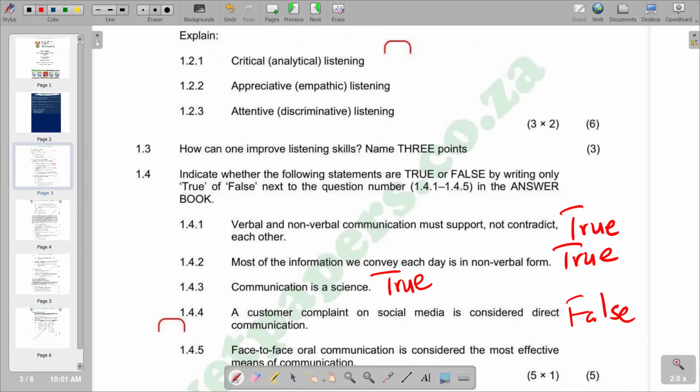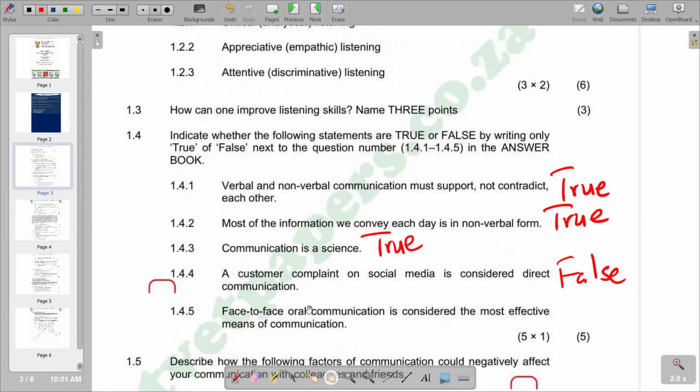Then on 1.4.5, we are saying face-to-face oral communication is considered the most effective means of communication. Remember, with face-to-face oral communication, we are going to observe various ways that help you understand.